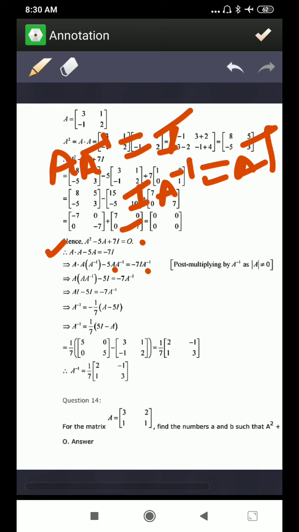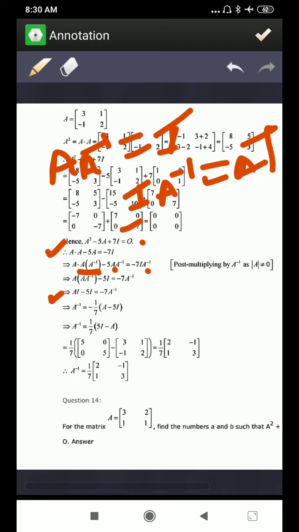First, this is A into A inverse. Over here it is 5A into A inverse, that can be written as identity, and on the right side it is 7I into A inverse, so we can write it as A inverse. Again this A into A inverse will become identity. So it is A into identity, and A into identity is again A only.